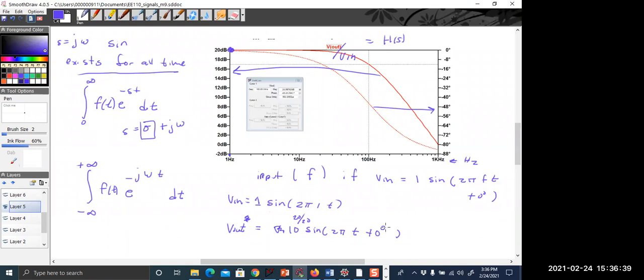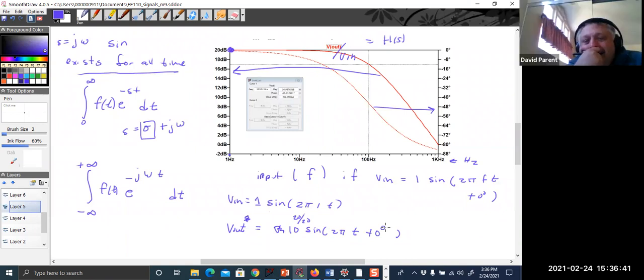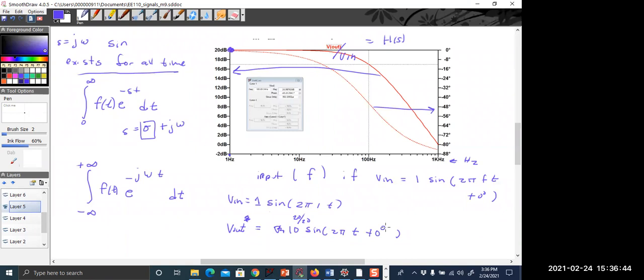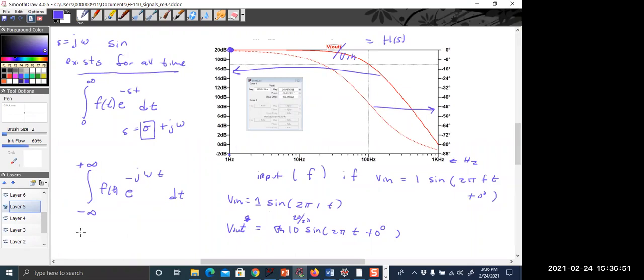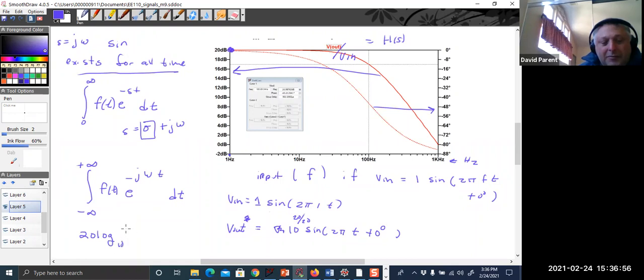Wait, Professor David, what was the sign with the 10 to the power of 20 over 20? Well, right. So the V out equation you had earlier. If you have 20 log to the base 10 of V out over V in, which is the gain, well, this is what I need.